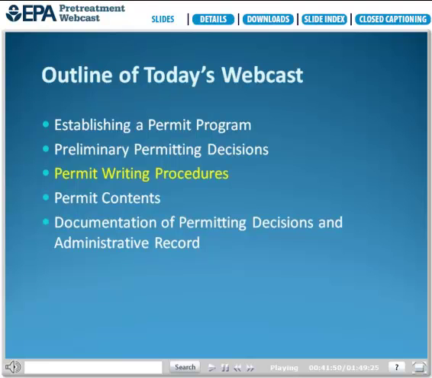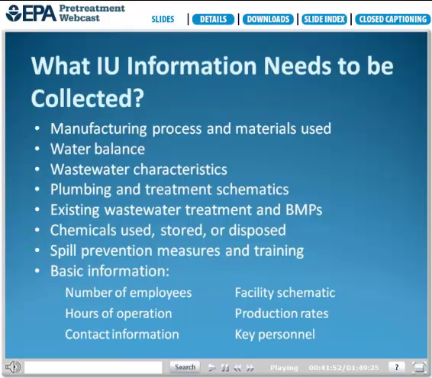The control authority must gather information about the industrial user, its processes, what chemicals are used, where they are stored, what pollutants are present in the wastewater, so many things. But a bunch of this is common sense, right? Knowing that information is how the permitting authority figures out what conditions to include in a permit.